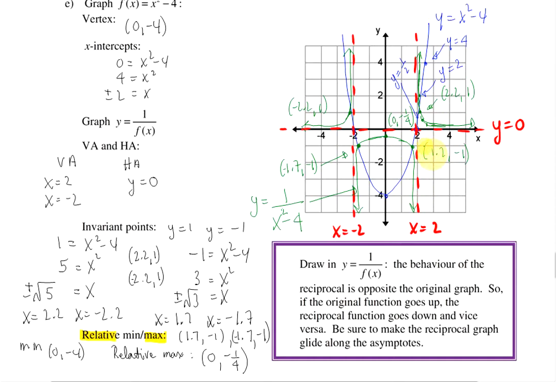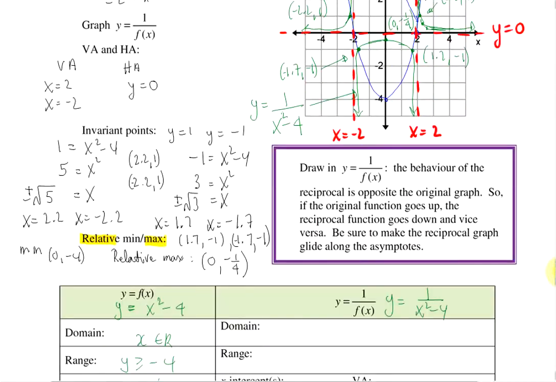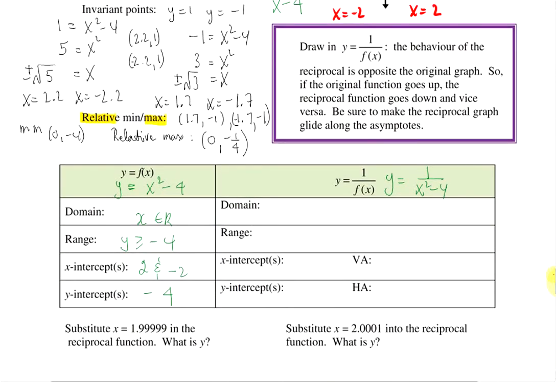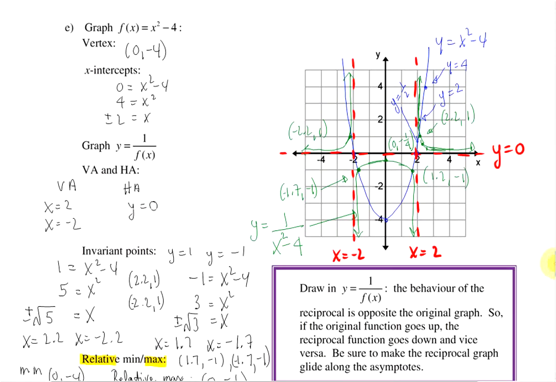And then you hop over to the other side of the vertical asymptote where x equals 2, and you have all these x values that go off to the right. So the only two values that the domain cannot have in this reciprocal function are x equals 2 and x equals negative 2. So we just say that it's all real numbers except that x can't be 2 and x can't be negative 2.